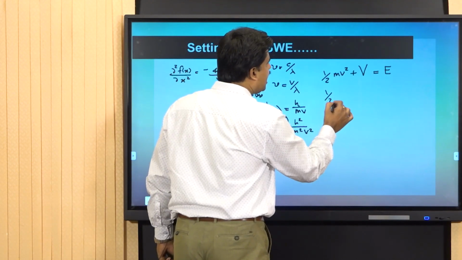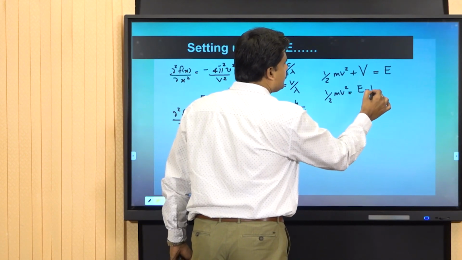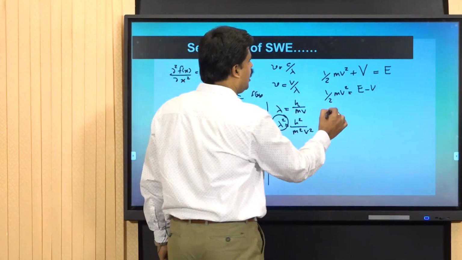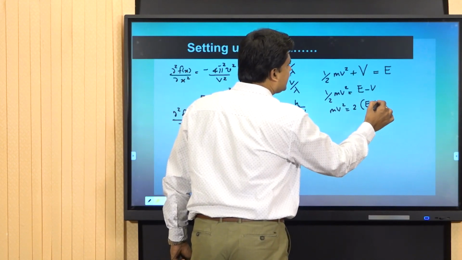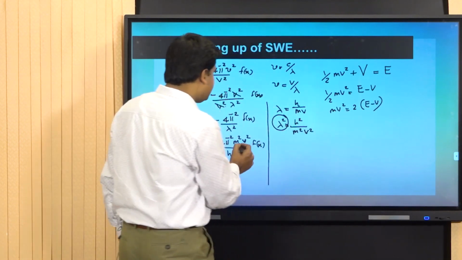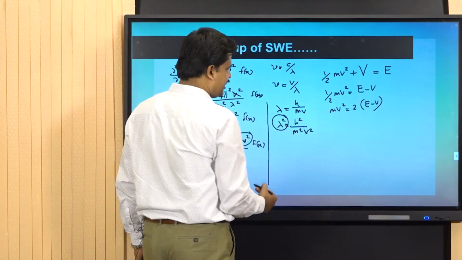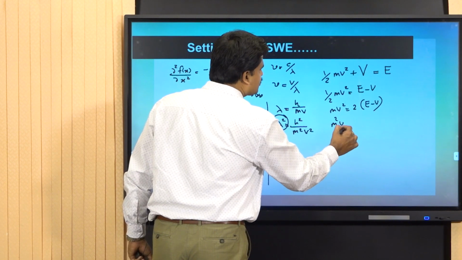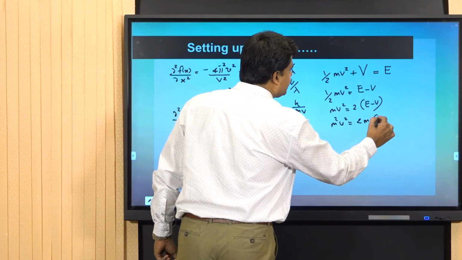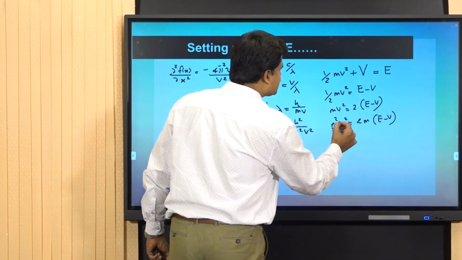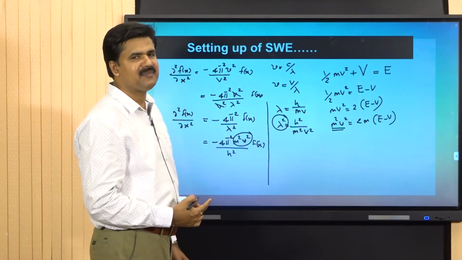That is, half mv² equals total energy minus potential energy, or mv² equals 2 into E minus V. Here there is a term m²v², which can be equal to 2m into E minus V. Therefore, m²v² in this equation can be replaced with 2m into E minus V.